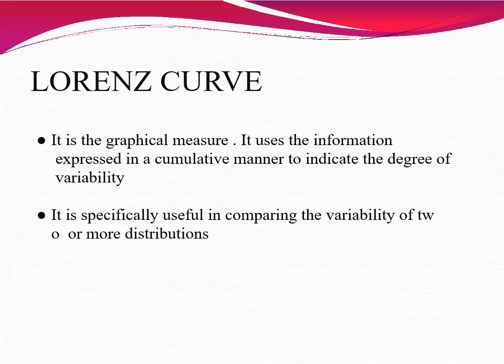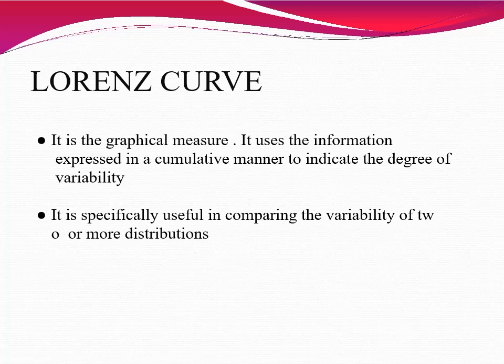The Lorenz curve is a graphical measure. The graphical representation of the data can be presented, and it is useful in expressing the cumulative manner of data. In simple terms, it is used to represent the median and quartile data.